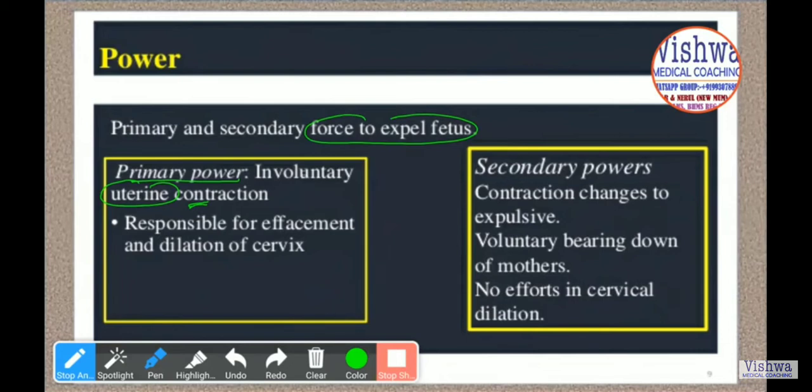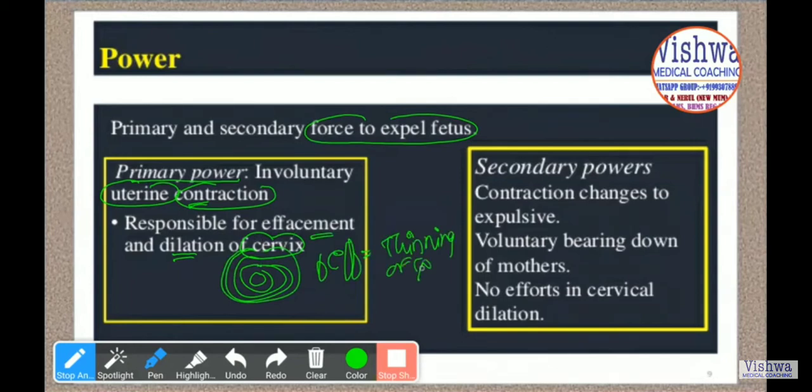And remember, the contractions of the uterus produce changes in the cervix. The cervix starts dilating gradually, and the cervix also gets effaced. Remember, I talked about effacement in the last class. It is the thinning of the cervix, and that is what is called effacement.